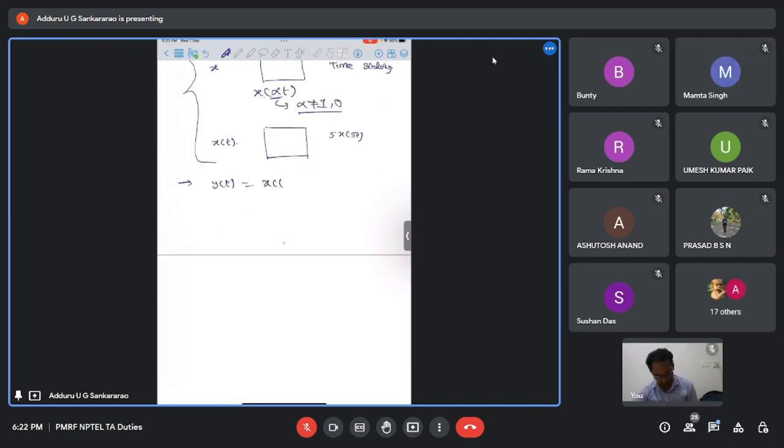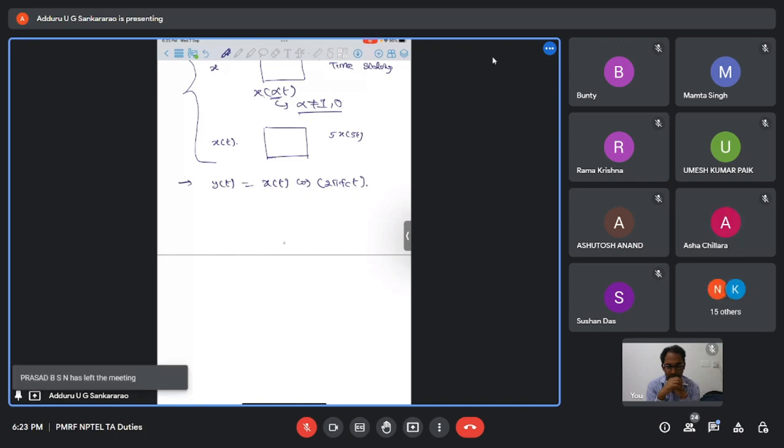Okay. x of t cos 2 pi fct. You tell me whether it is linear or time invariant. Is it linear or not?